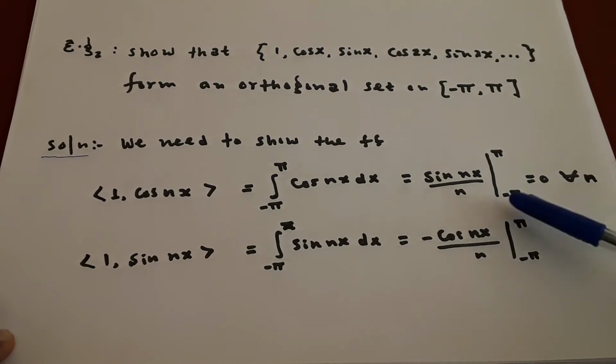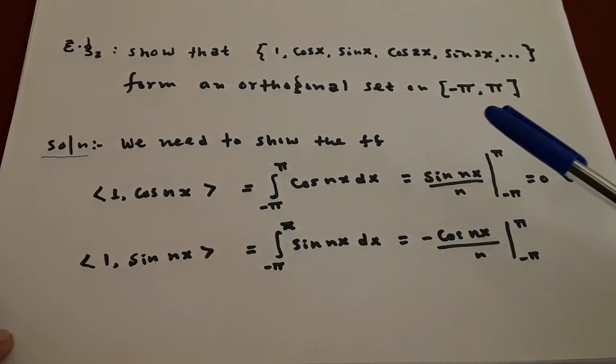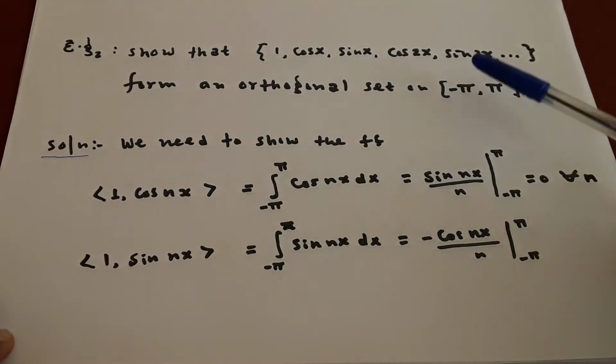Sine n pi, where n is indexed from 1, gives sine x, sine 2x, sine 3x, sine 4x. So sine pi is 0, sine 2 pi is 0, sine 3 pi is 0, and sine n pi is generally 0. So sine of minus n pi is again 0.